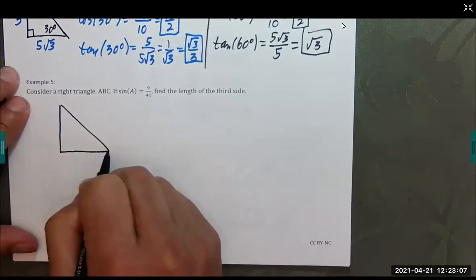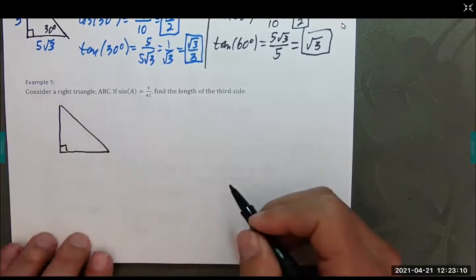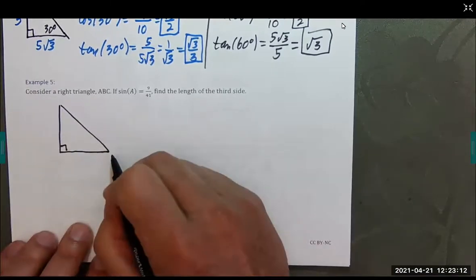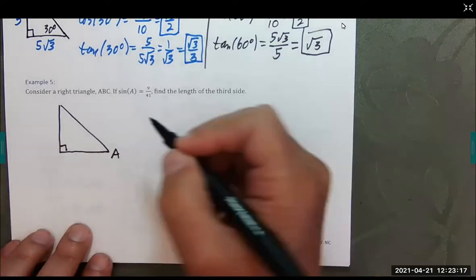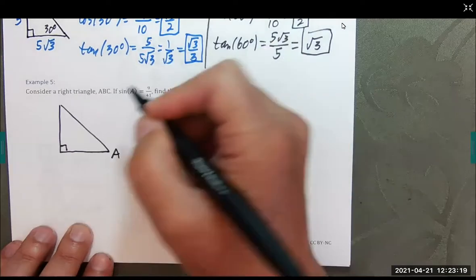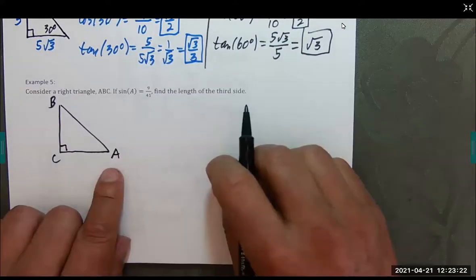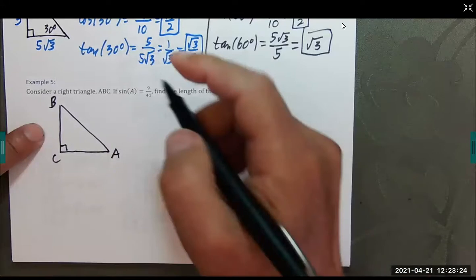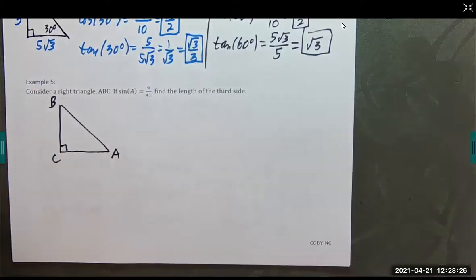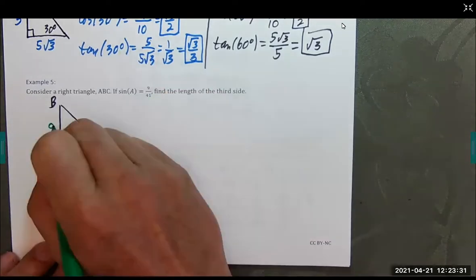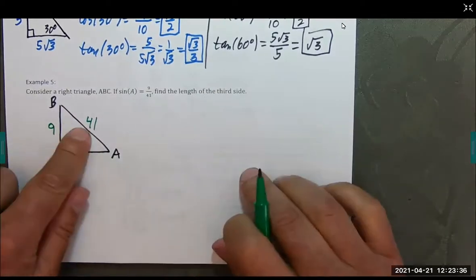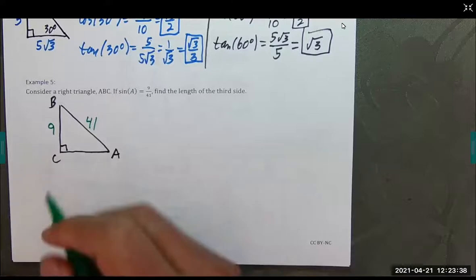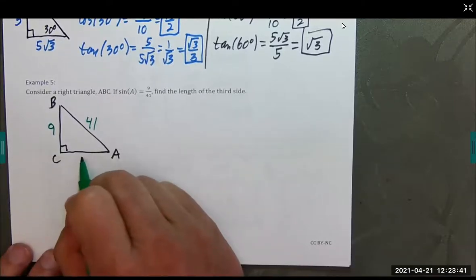And I will call this angle A, making this B, making this C. And if you remember, the sine is the opposite, so that's going to be the 9. Let's color that up a little bit. So it's the opposite, which is 9, over the hypotenuse, which in this case is 41. And you see the sine is the opposite over the hypotenuse. So what they're looking for is they want to know, what is this missing side, which I'll call x?